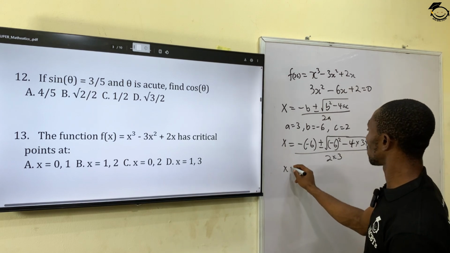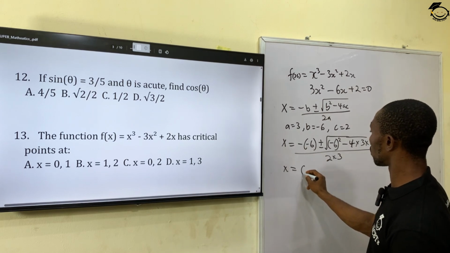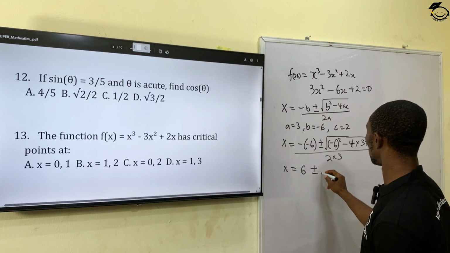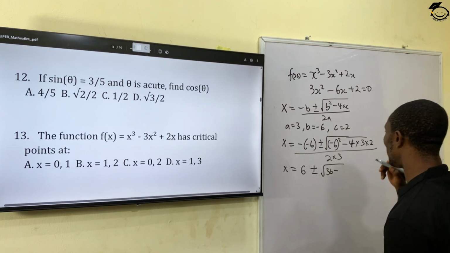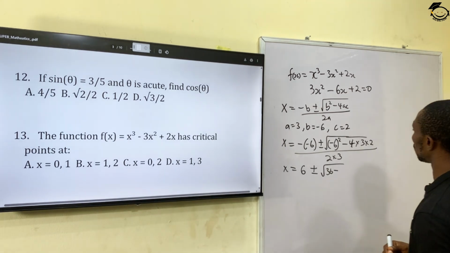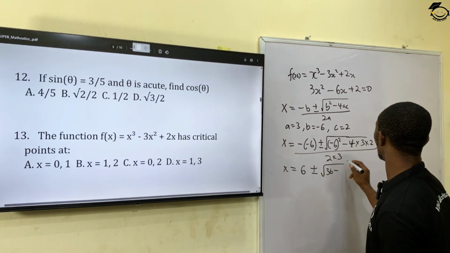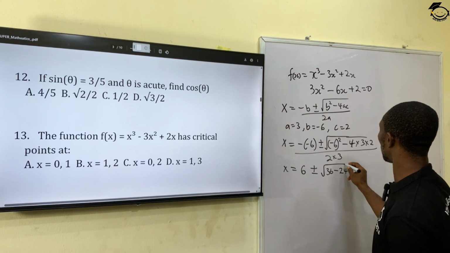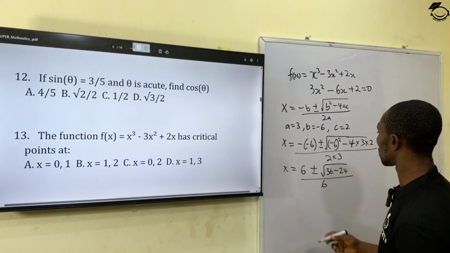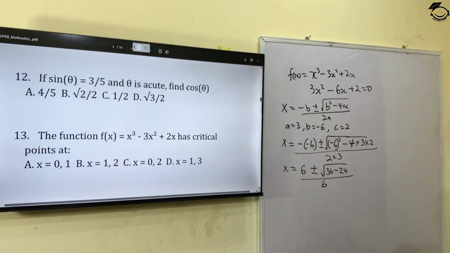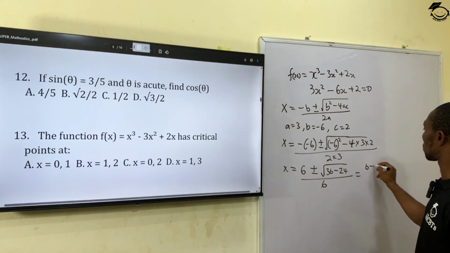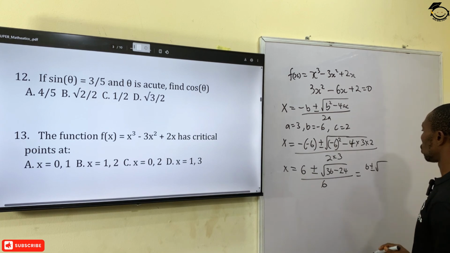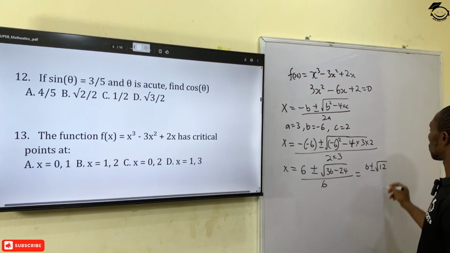So x equals 6 plus or minus root 36 minus 4 times 3, 12, 12 times 2, 24. So this will give us minus 24 over 6. From here, we will solve this to become 6 plus or minus root of 36 minus 24, which will give us 12 all over 6.